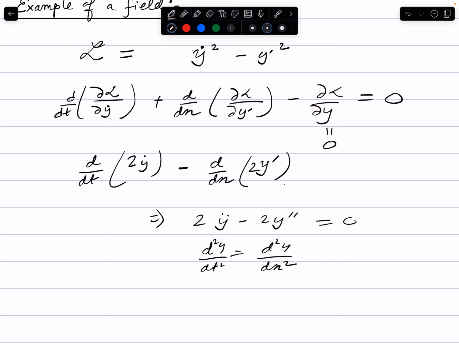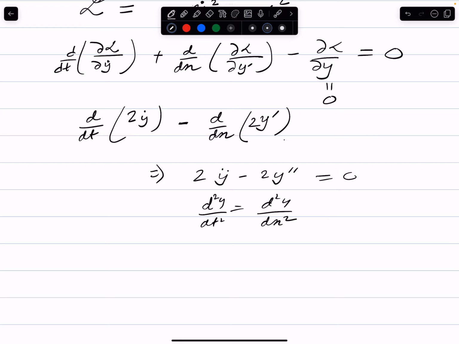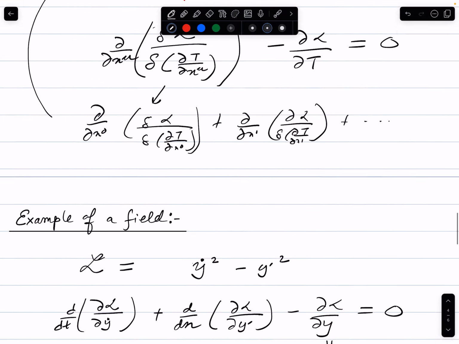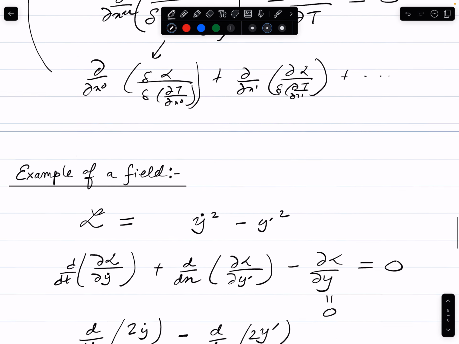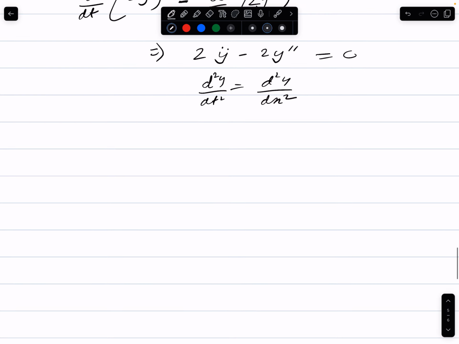Yes. So this is the correct Lagrange's equation of motion. I have not been lying to you that this is the equation of motion, and this is how we get this.